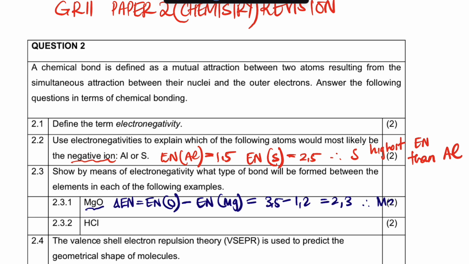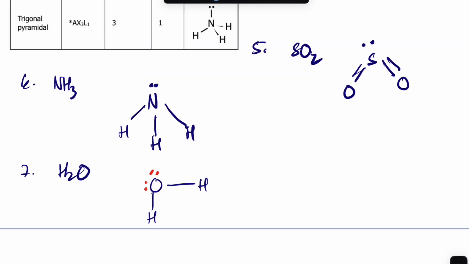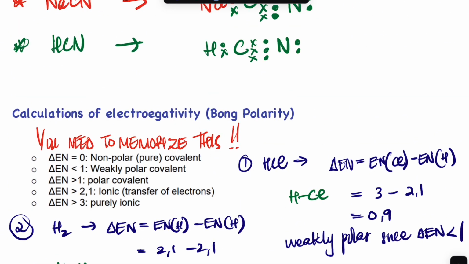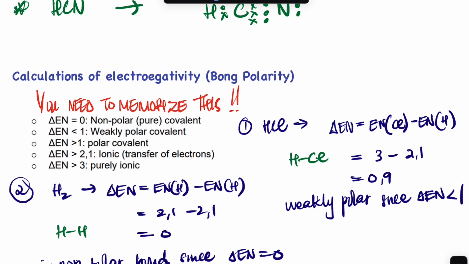So if it's 2.3, that means the bond that exists between magnesium and oxygen is ionic. It's ionic because the electronegativity difference is bigger than 2.1. Let's check here. If the electronegativity difference is bigger than 2.1, it's ionic.